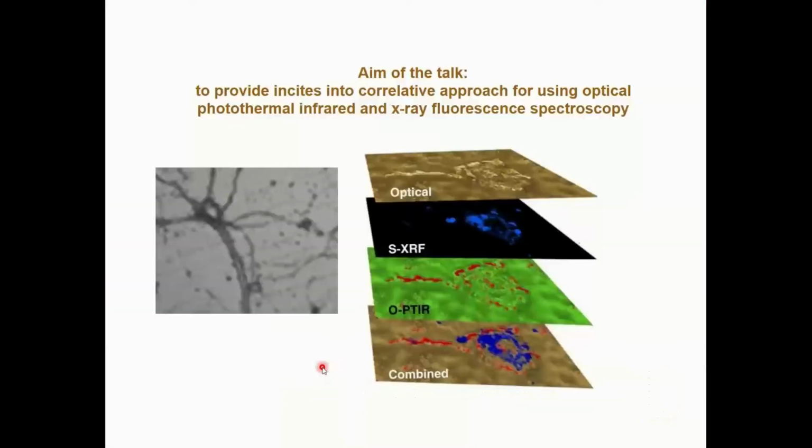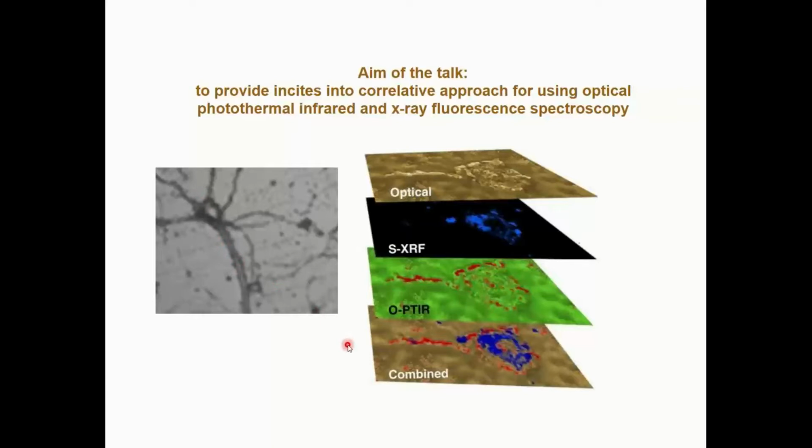So the aim of my work is to provide insights into correlative approaches that could be used to retrieve more information about a sample. So here is an example. Neurons grown on the surface, and the same neuron was imaged using several imaging modalities.